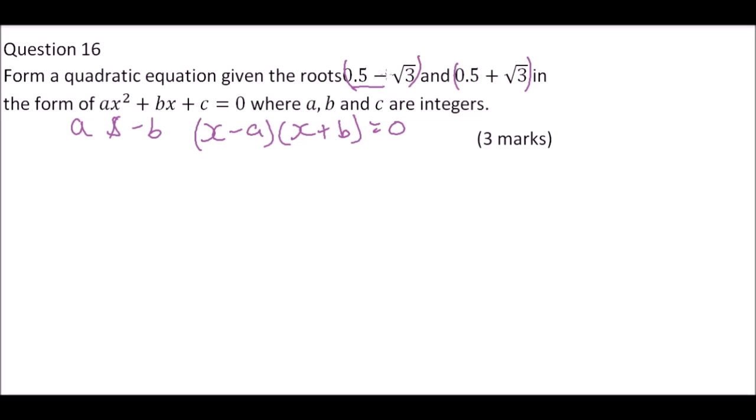And therefore, since both are positive, our factors must have been x minus into bracket 0.5 minus root 3. So that is one factor. And the other one must have been x minus into bracket 0.5 plus root 3.